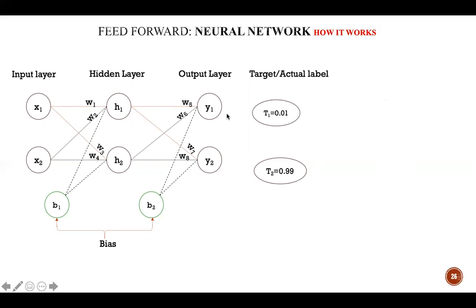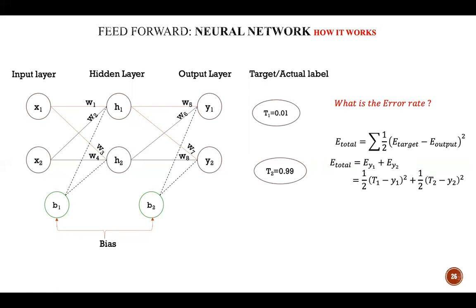How do I know the amount of error that I have made? The total error is equal to the error in Y1 plus the error in Y2. You just add them all.